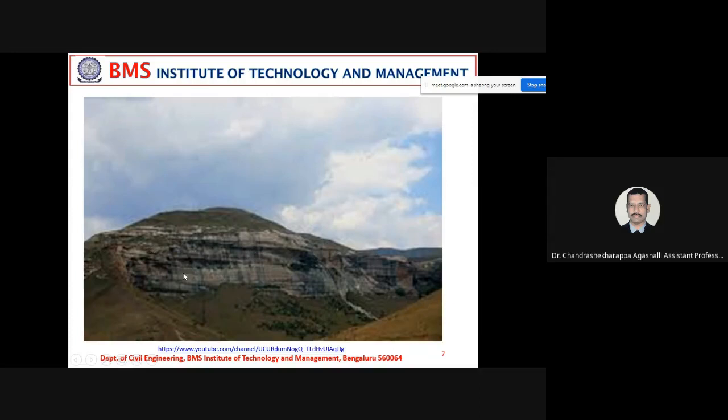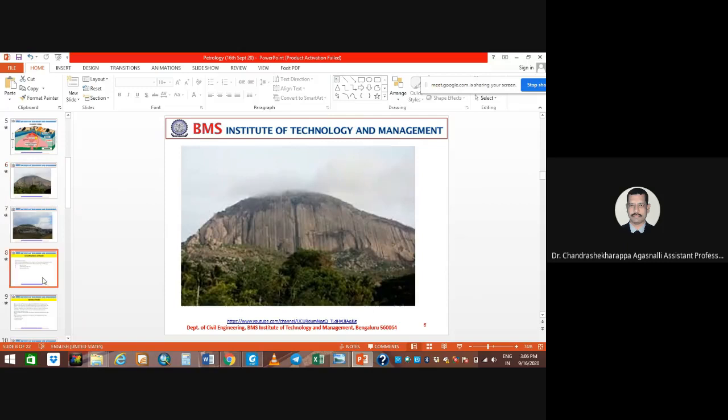See, this is completely excavated. They drill it, blast it, and use it for aggregates, or slabs, or some other purpose like railway ballast, or use it as building stones. So this is one thing, and this is another.